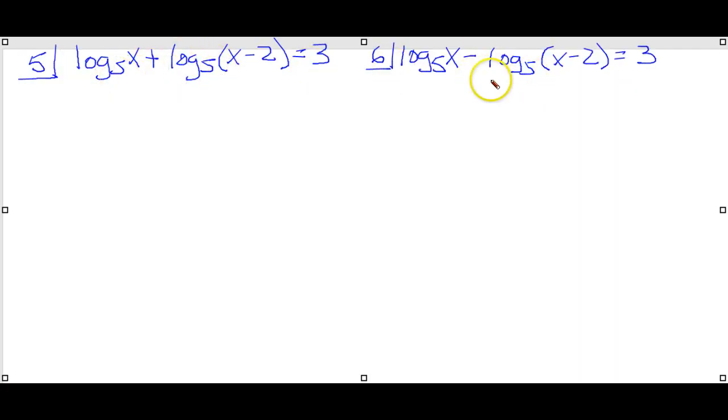Well, we'll work on these 2. But notice this is the logarithmic form in which it's spread out.